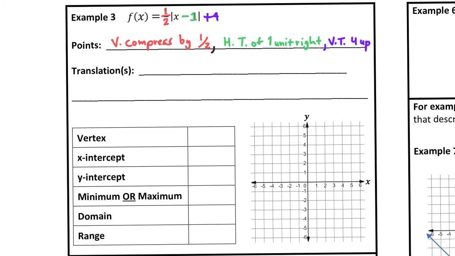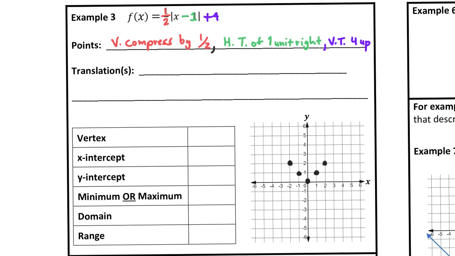Since there's a lot of colors happening here, I'm going to put the parent function in using black points. Right. So these are the parent function points, but I'm going to move them, and I'm going to work on the compression here.